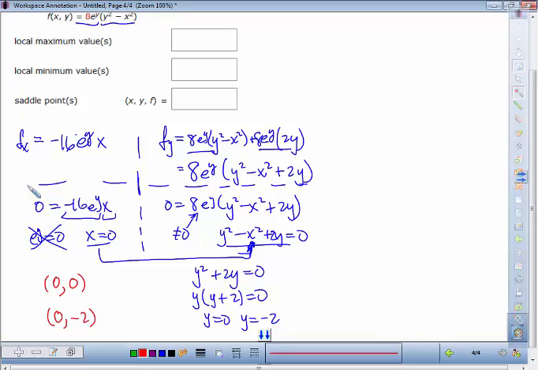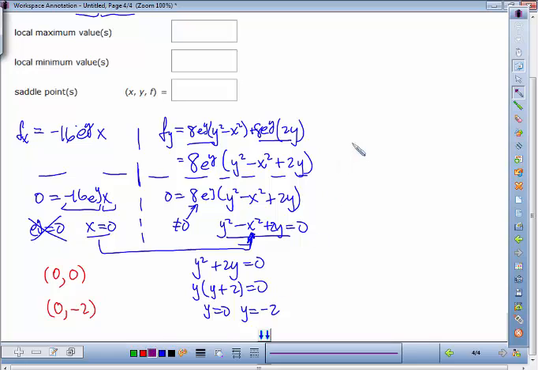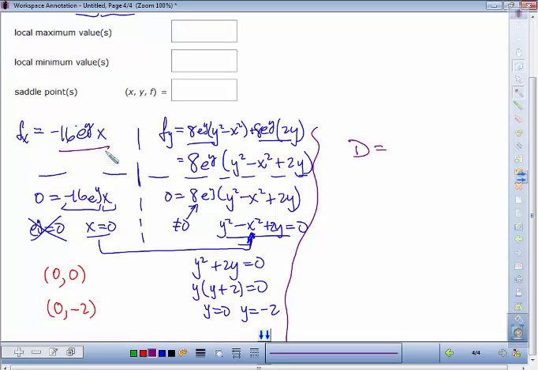Okay, now let's get to our D. So fxx, and we want to take the derivative of this thing with respect to x. Oh, this isn't going to be easy. I need more room.